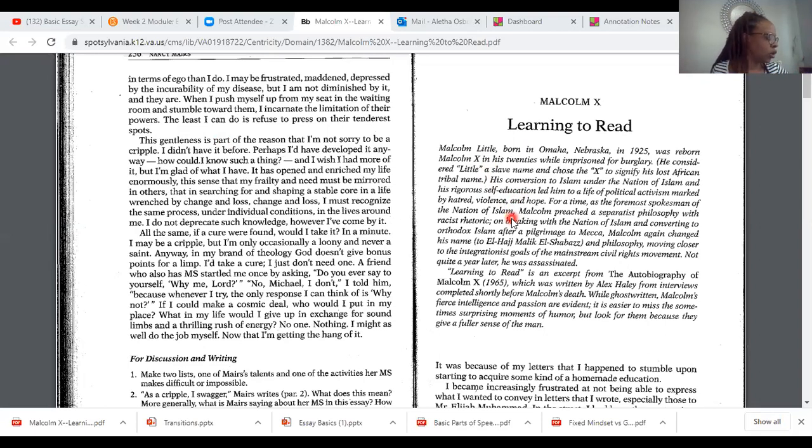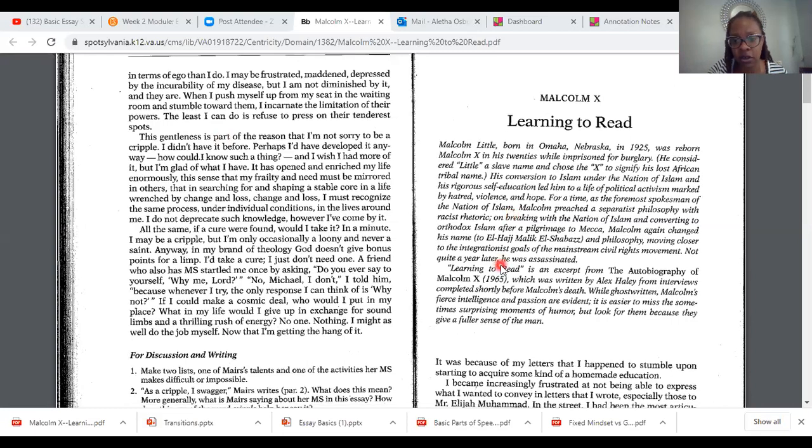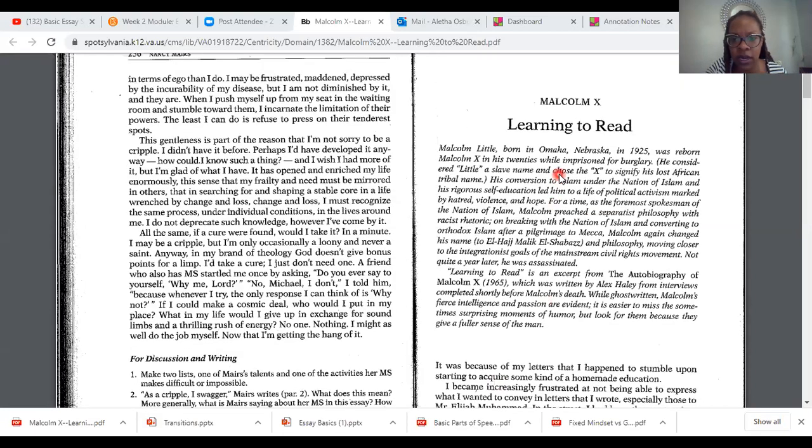So I jotted down a note here, process. So I know I'm going to look at some type of process here. He's talking about, or I'm going to learn more about, his process of, or what he does to learn to read. Okay. So that gives me some insight prior to just diving into the text. So I know what I'm going to get from this, right?